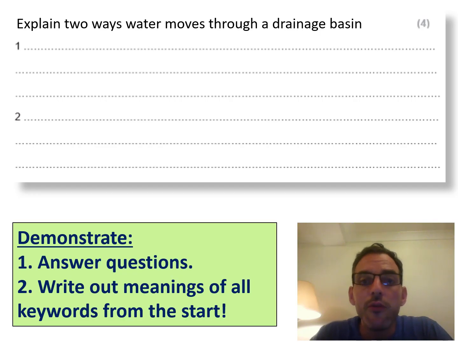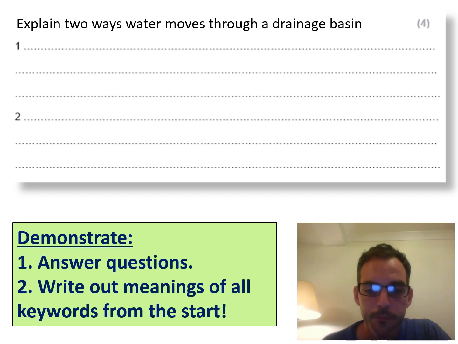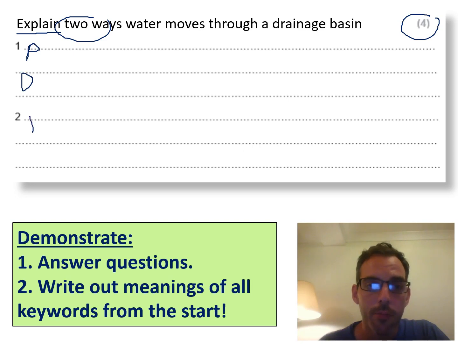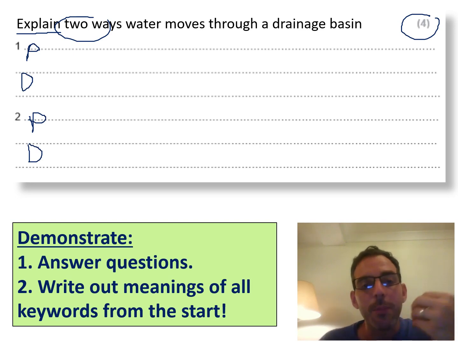Using the diagram you've just drawn, explain two ways in which water moves through a drainage basin. Best way to do this, note that it's an explain question and it's 4 marks, and you're being asked to explain 2. So we're going to do a point, develop, point, develop. You can choose one of the key words and just explain what it means.